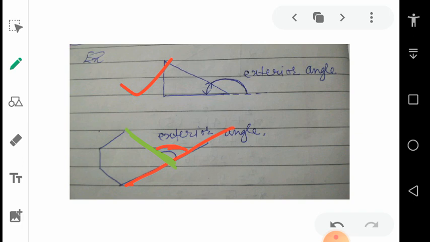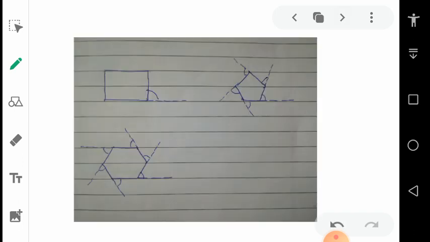Again there are a few geometrical shapes. First is a rectangle. Think of it as a quadrilateral; I'm not telling you about squares or parallelograms, just consider it as a quadrilateral, that is a four-sided figure. Second is a pentagon, a five-sided figure, and third is a hexagon, a six-sided figure.